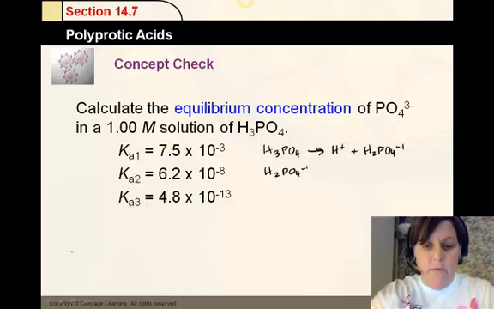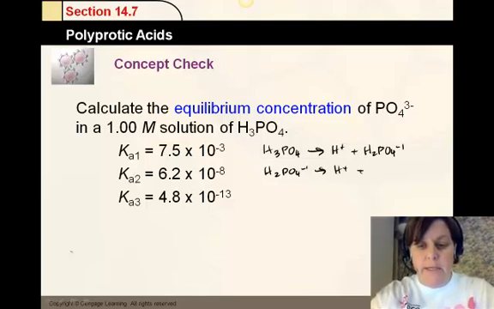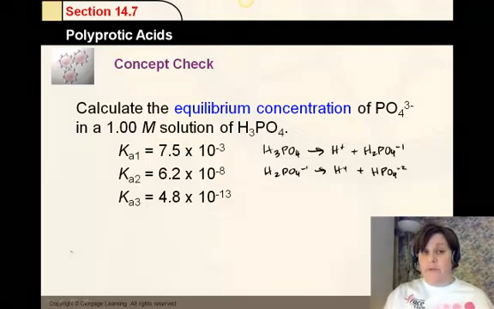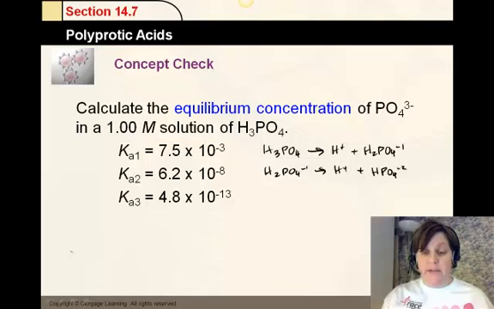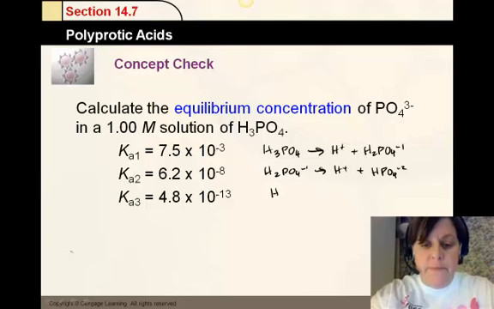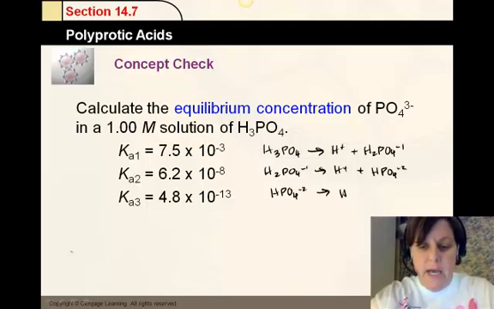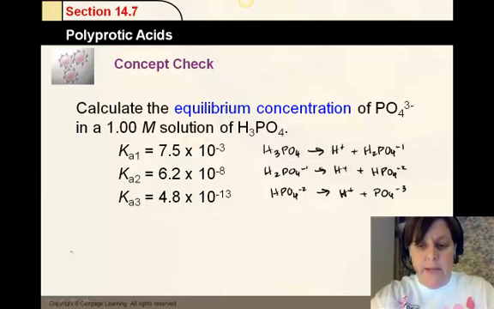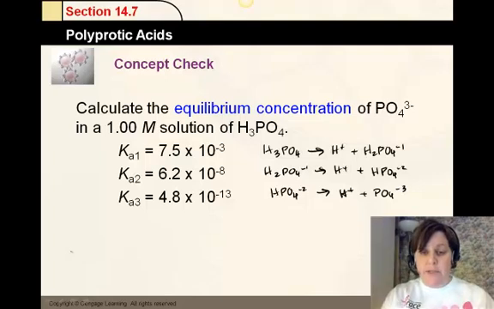When that releases another hydrogen, we get HPO4 negative 2. We still don't have what this question's asking, which is PO4 negative 3, so we have to remove another hydrogen. HPO4 negative 2 produces the hydrogen, and finally the PO4 negative 3 that was asked for in the question.